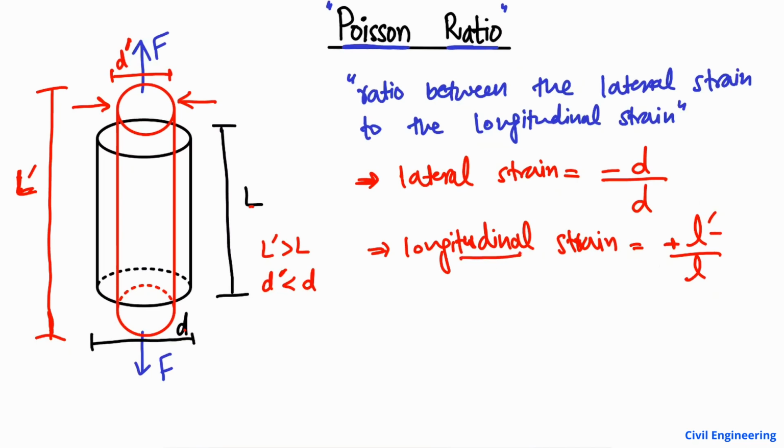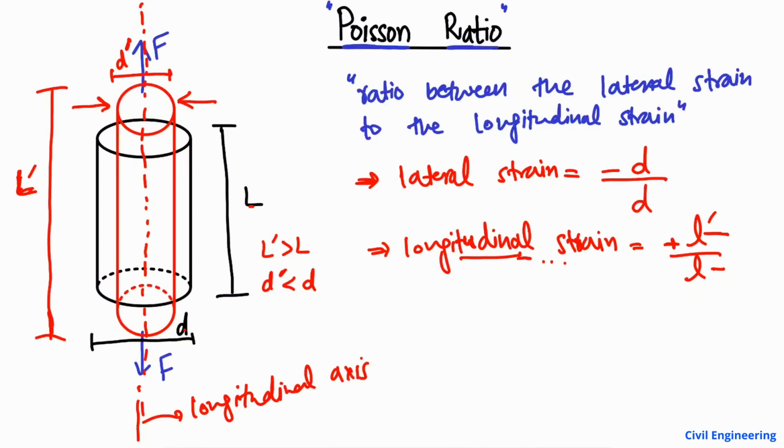The change in length, the extension, divided by the original length is known as the longitudinal strain, because it is applied along the longitudinal axis of the cylinder. This is known as the longitudinal axis of the object, and these are known as the transverse axis or the lateral axis. In this case, it is the lateral axis of an object.